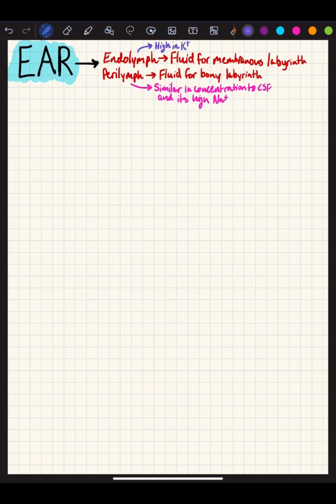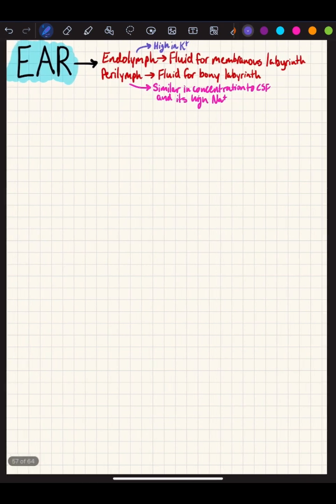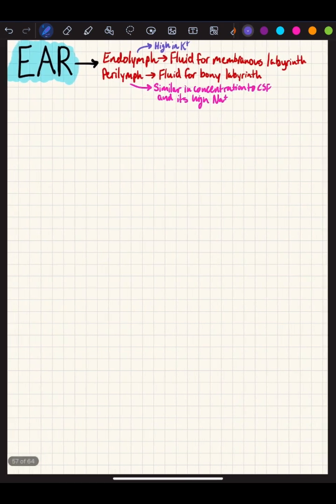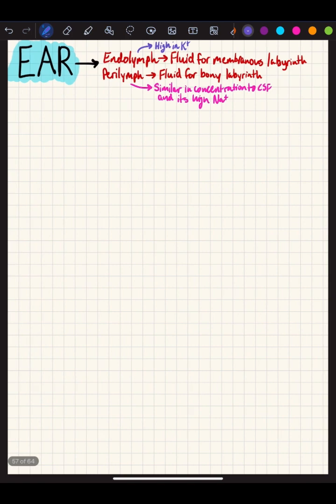If you think back to our sodium-potassium pumps and how they work in conjunction with each other when it comes to polarization and repolarization and depolarization events, you can see that these fluids working respectively to one another kind of ties into that action potential theory.